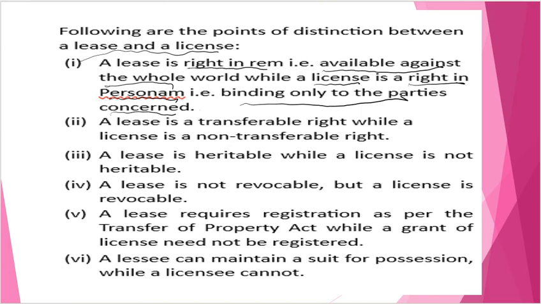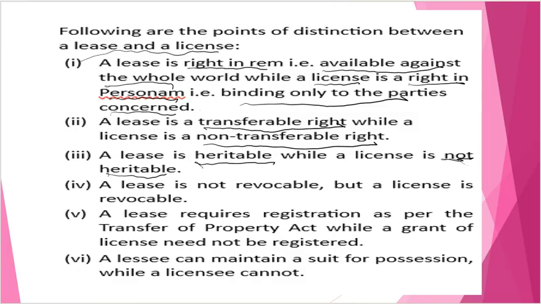Second, a lease is a transferable right, while a license is a non-transferable right. Third, a lease is heritable, while a license is not heritable.